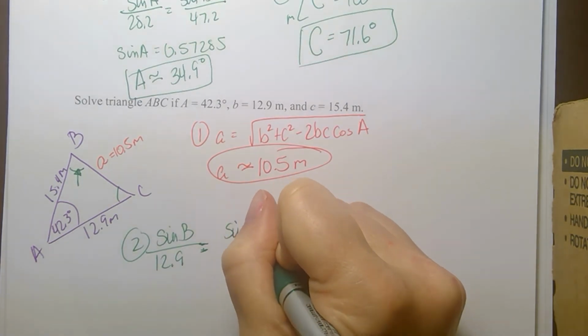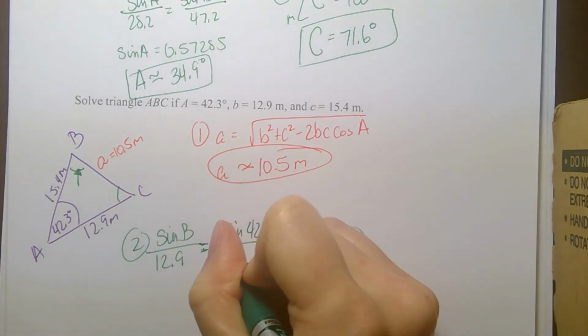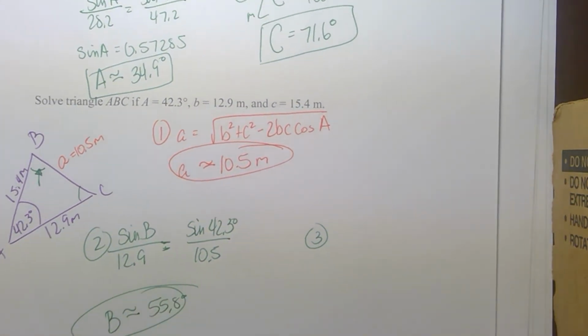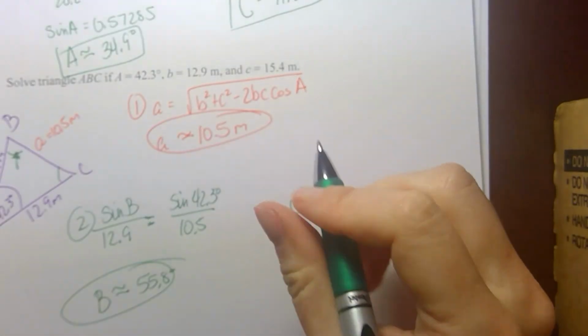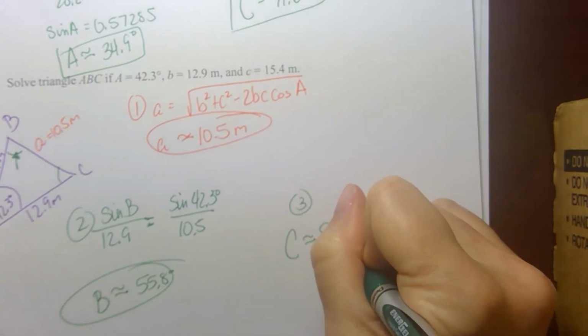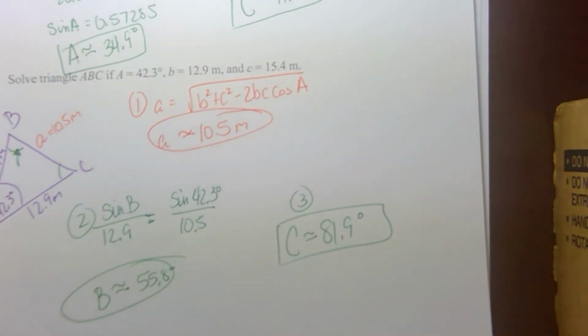So when I use sine inverse, it's going to give me the right value. So I get an approximate value for angle B as 55.8 degrees, rounded to 3 significant digits. Using that angle sum theory, I figure out that angle C would be 81.9 degrees.